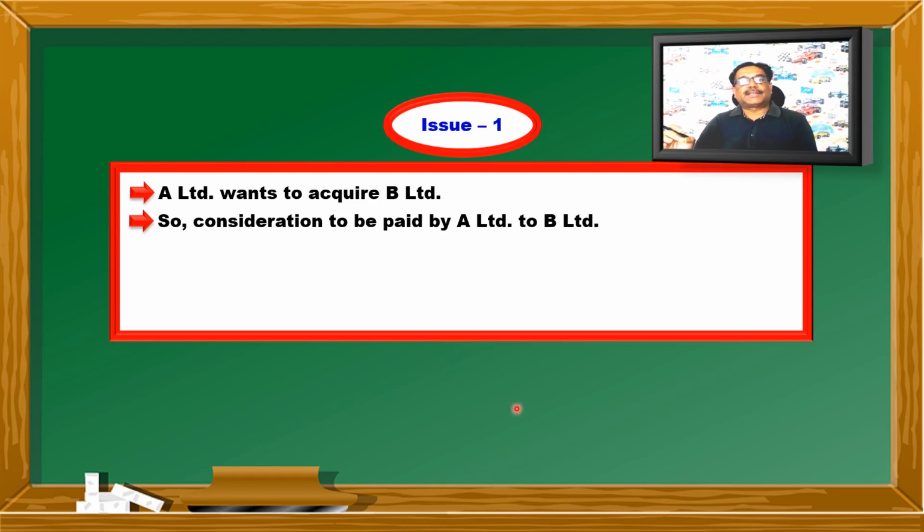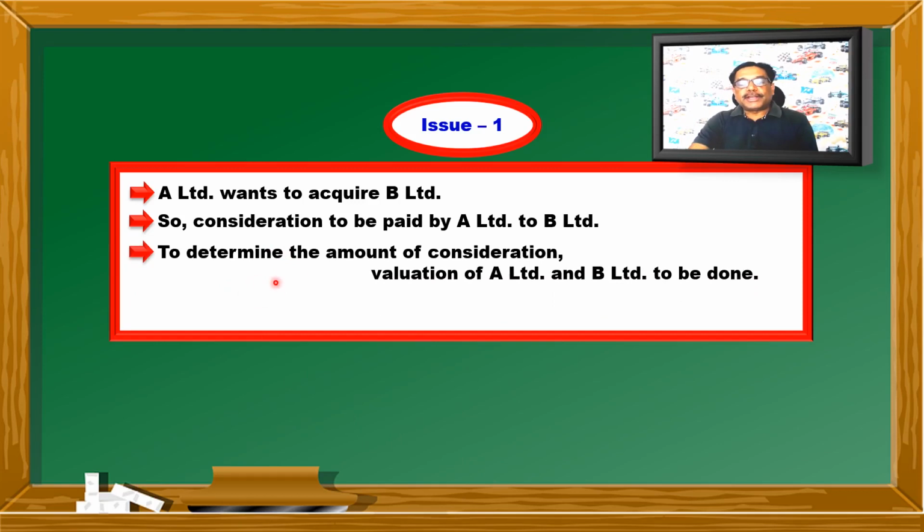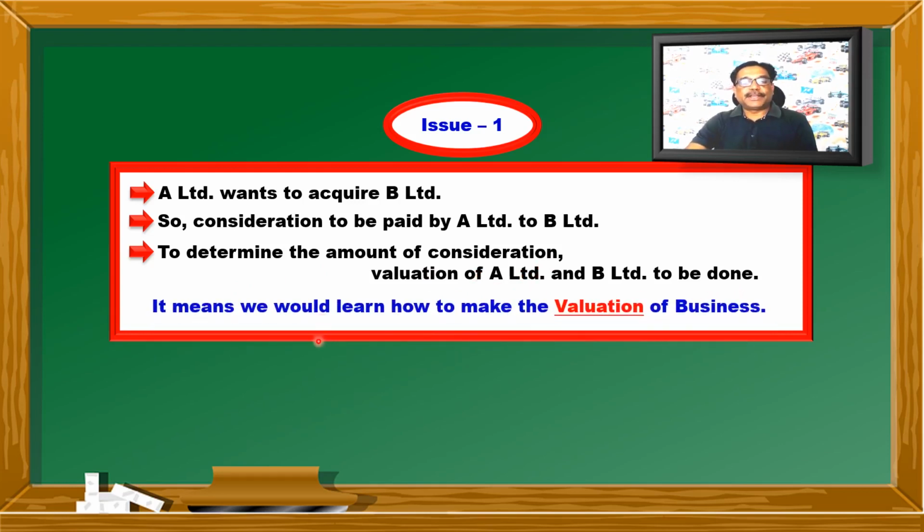So how many shares of A Limited are to be issued? For that purpose, we have to calculate the value per share of A Limited. That means to determine the amount of consideration, valuation of A Limited as well as B Limited is to be done.